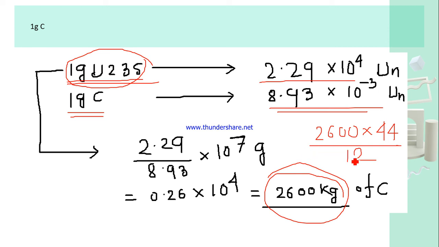Approximately, you can tell, it is 9900 kg of carbon dioxide it will release to the environment. Now you can compare in terms of pollution.